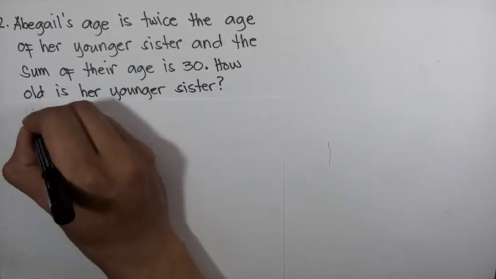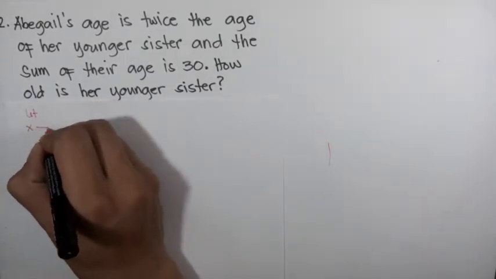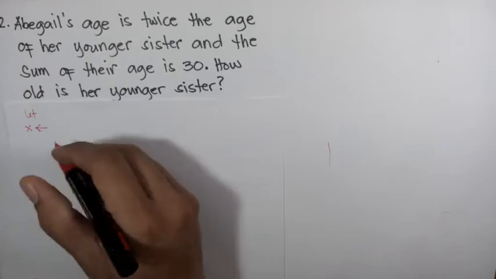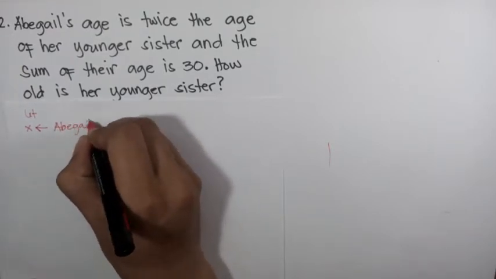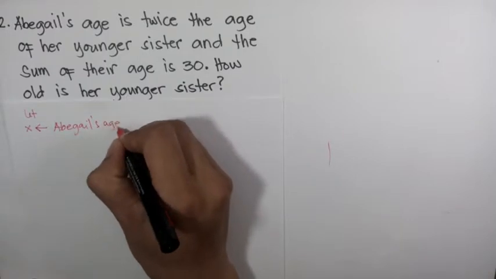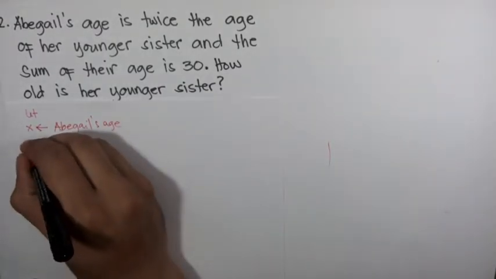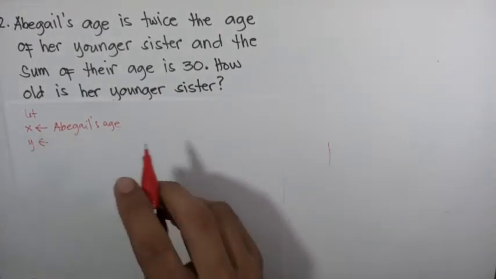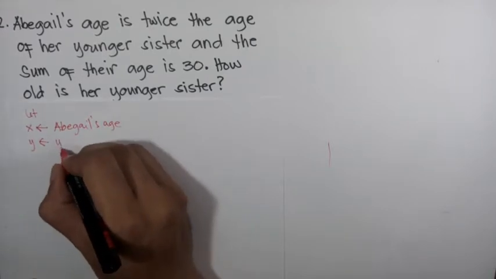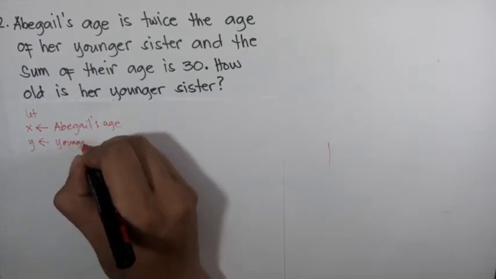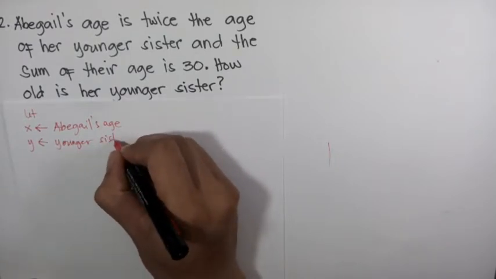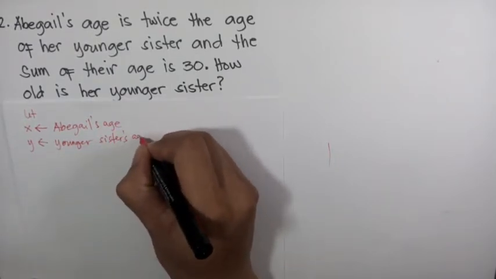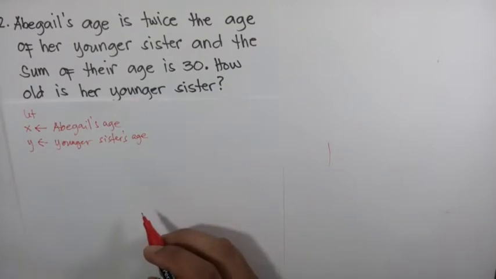We are going to say let x be the age of Abigail, and let's say y will be the age of her younger sister.